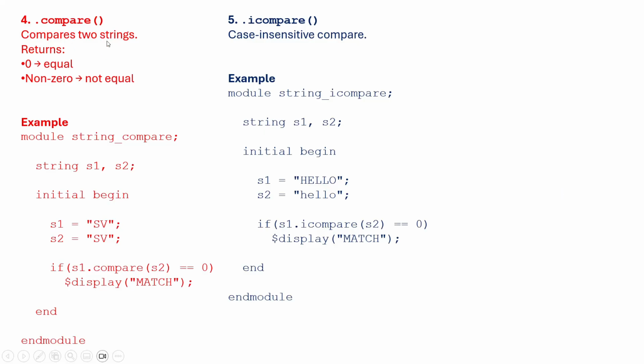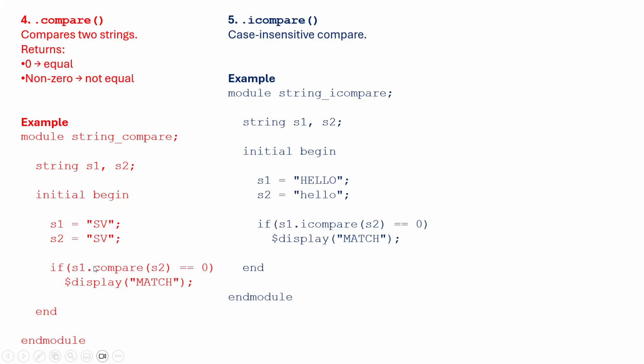Compare means it returns 0 when it is equal. So 0 means equal, non-zero means not equal. See here, s1.compare(s2). How are we comparing that? S1 string is SystemVerilog, S2 is also SystemVerilog.